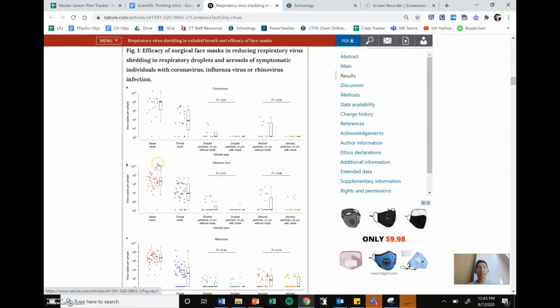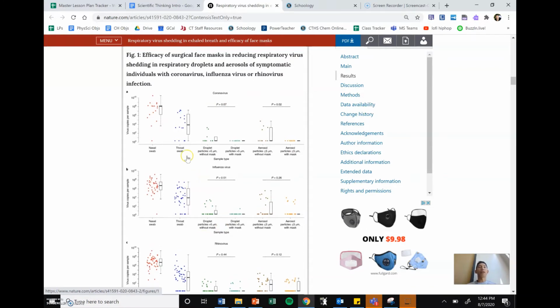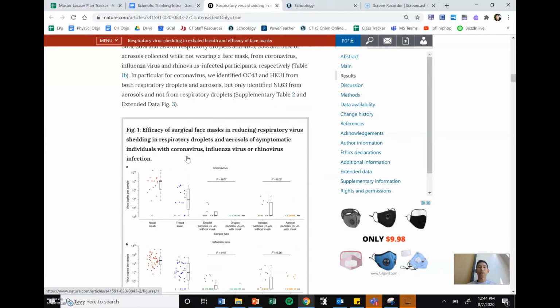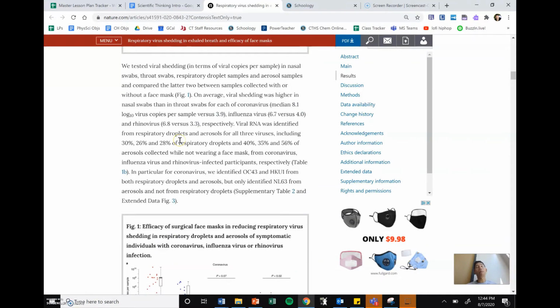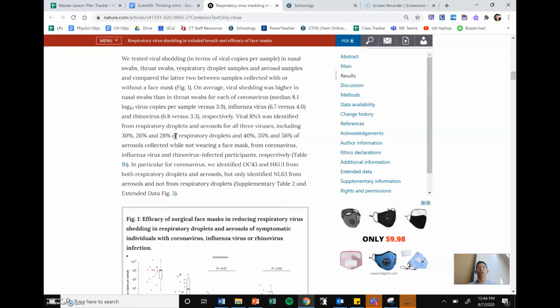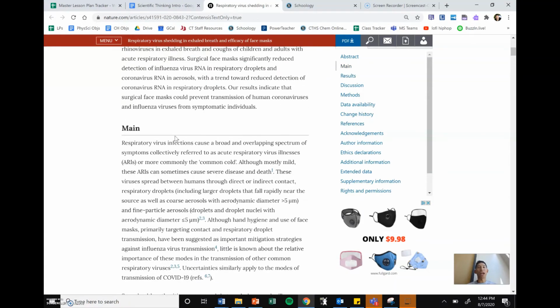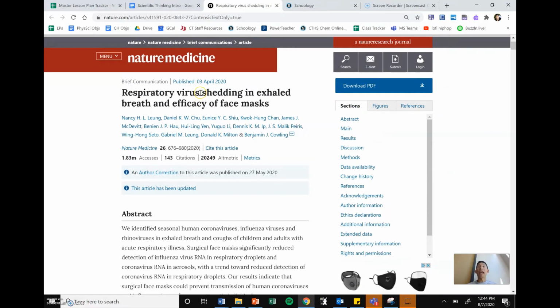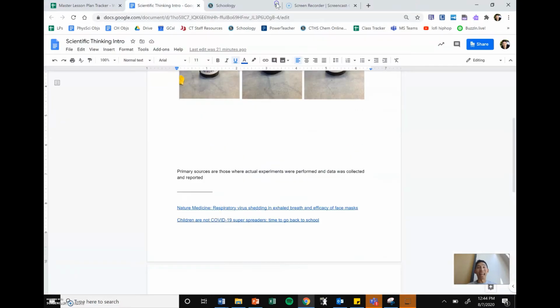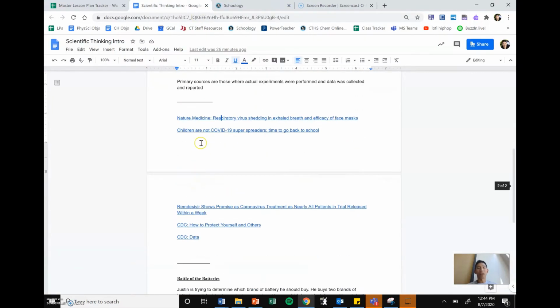They collected data to see how much virus was present in their exhaled breath, and their results were that people who wore masks exhaled significantly reduced amounts of virus, what they refer to as shedded virus, and this is a primary source because they conducted the research. Let's take a look at another one.